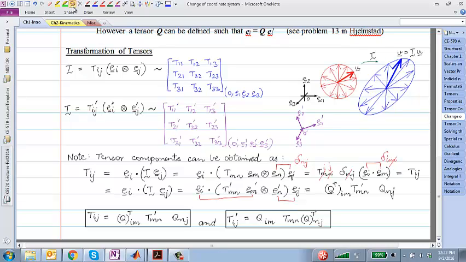Matrix multiplication of 1, 2, and 3 matrices. If I take 3 cross 3 matrices and multiply them together, I would get a 3 cross 3 matrix, which would be the original Tij. So using this, I have related Tij with Tmn prime. So just like for vectors, we pre-multiply with Q. For tensors, we post-multiply with Q and pre-multiply with Q transpose.